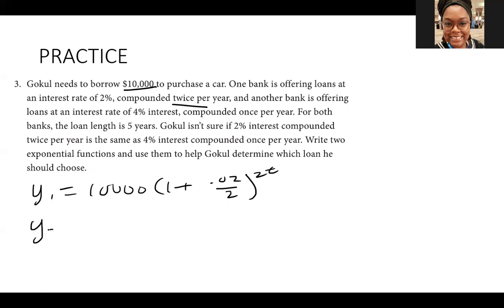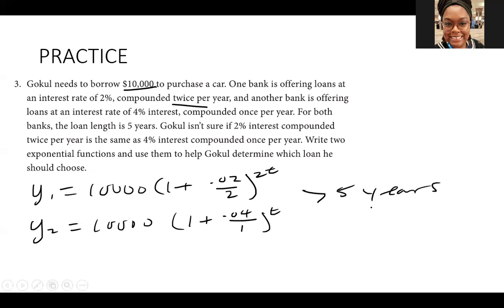And then on your Y2, you should have ended up with 10,000 times 1 plus 0.04 compounded annually, once a year, so it's just to the t. And now I'm going to use the calculator to look and see what happens after 5 years. Does that make sense? So I'm comparing 5 years in both cases.